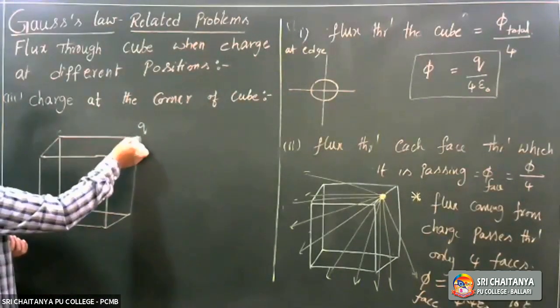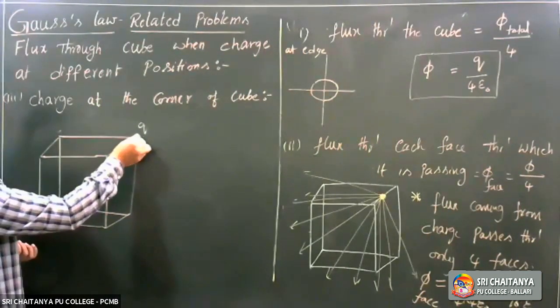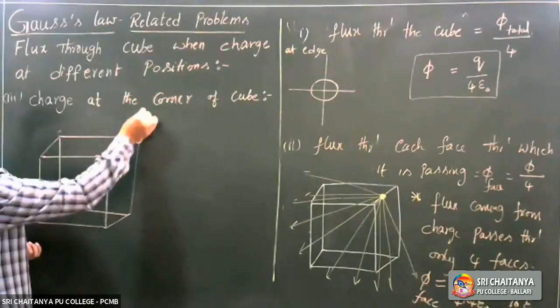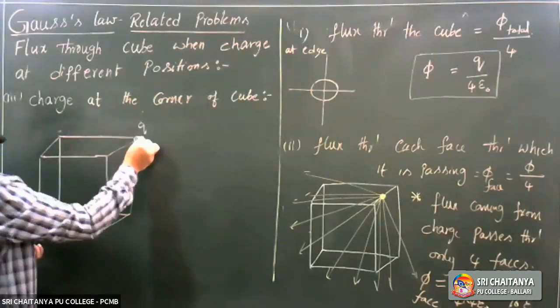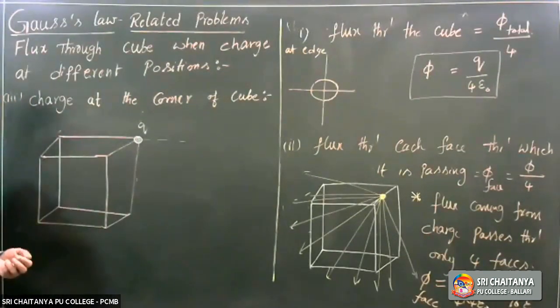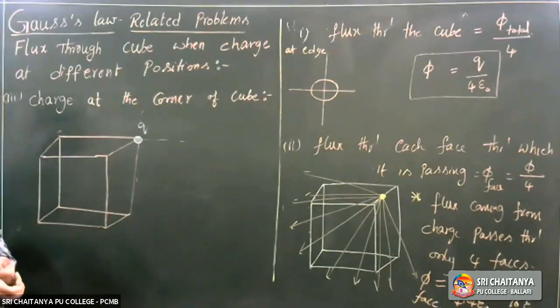This corner, so a shortcut I'll tell you, corner is a part of 8 cubes. Here you can join 8 cubes. Here, like this, here 1, here 1, 1, 2, 3, 4, completed. In the same way, either front side or back side 4 more.